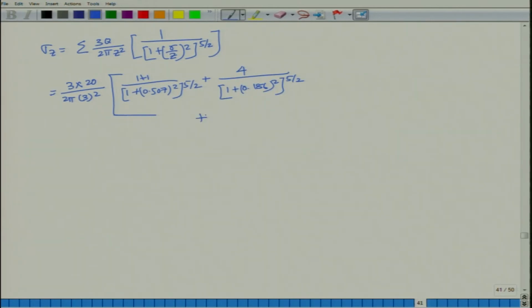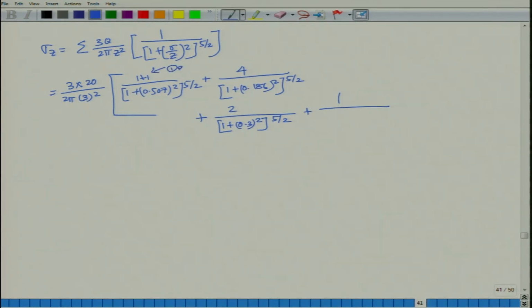Here it will be 2 by (1 plus 0.3 squared) to the power 5 by 2. Here it will be 1 by (1 plus 0.559 squared) to the power 5 by 2.